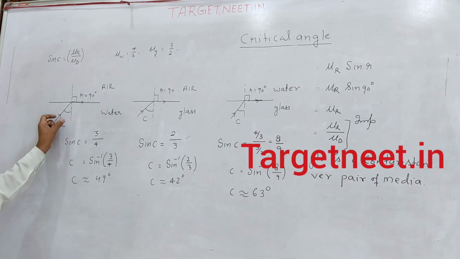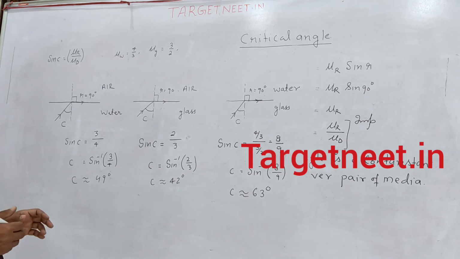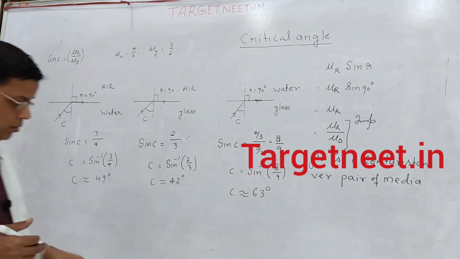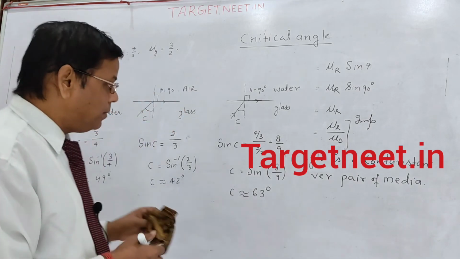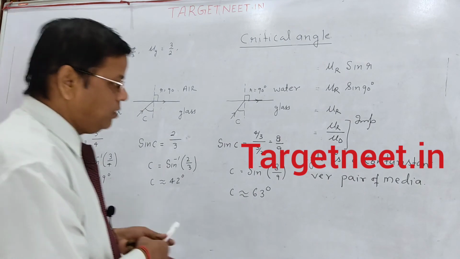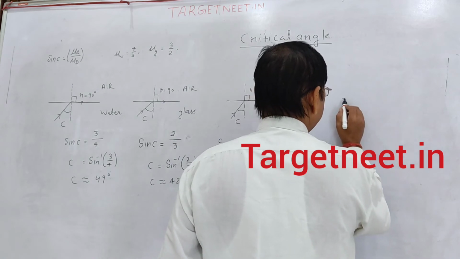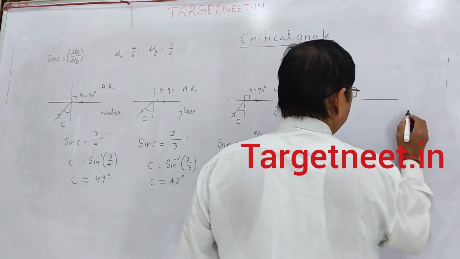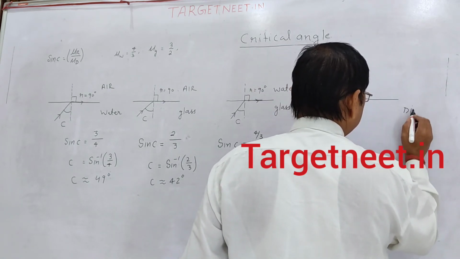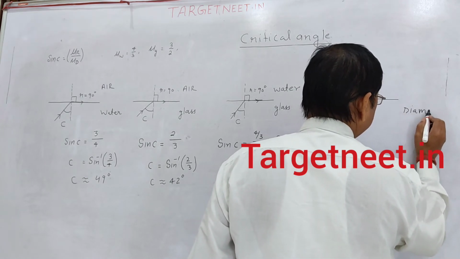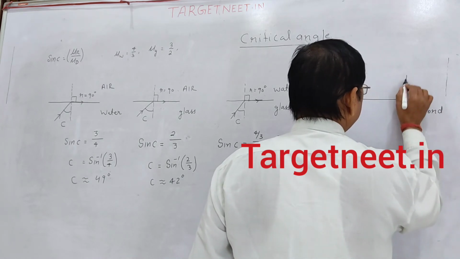If the angle of incidence is greater than 49 degree, it will come back in the water, and that is total internal reflection. Similarly, the refractive index of diamond is around 2.4 or 2.5 for diamond-air.